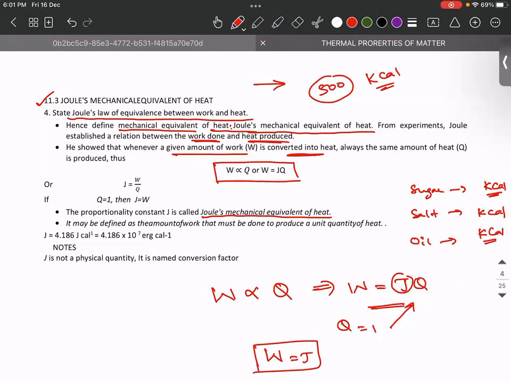Based on this, can you give a definition? The Joule's mechanical equivalent of heat is defined as the amount of work that must be done to produce unit quantity of heat. Why unit quantity of heat? Because we substituted Q = 1, so the work done is exactly equal to the Joule's mechanical equivalent of heat.